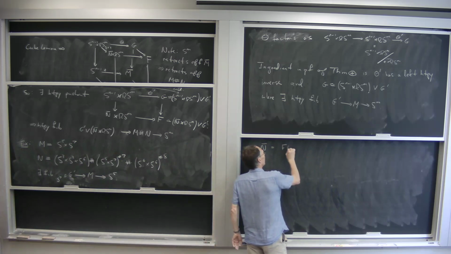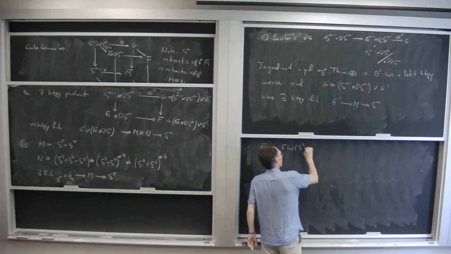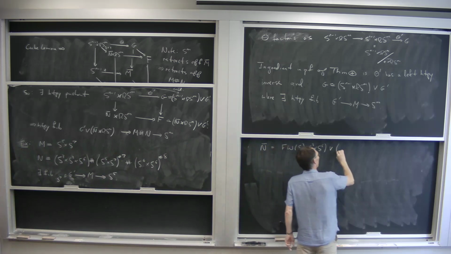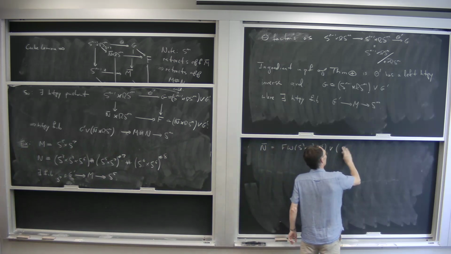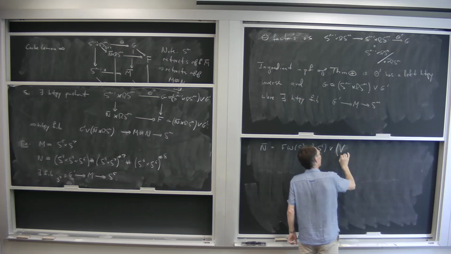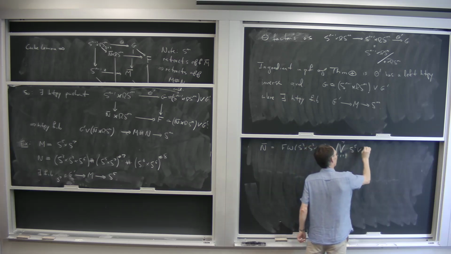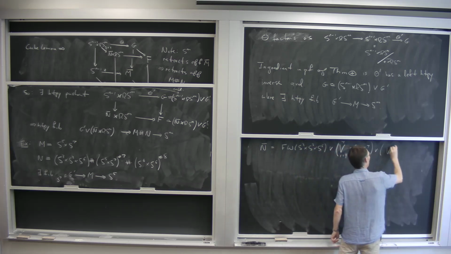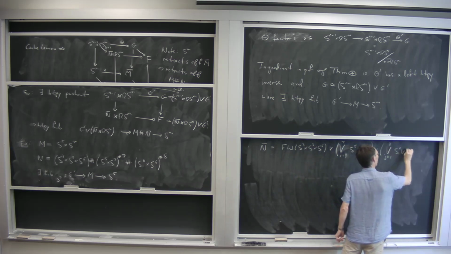So you have a fat wedge on the S3 cross S3 cross S6, wedge with 7 copies of S5 wedge S7, wedge with 8 copies of S6 wedge S6.